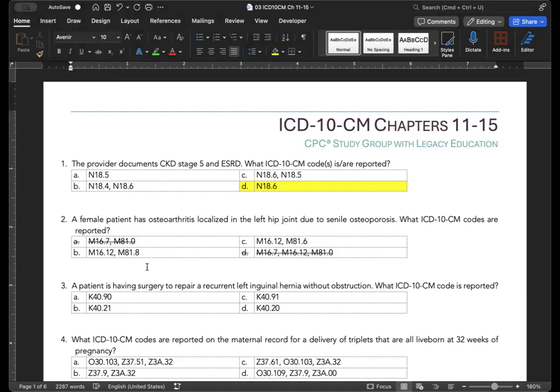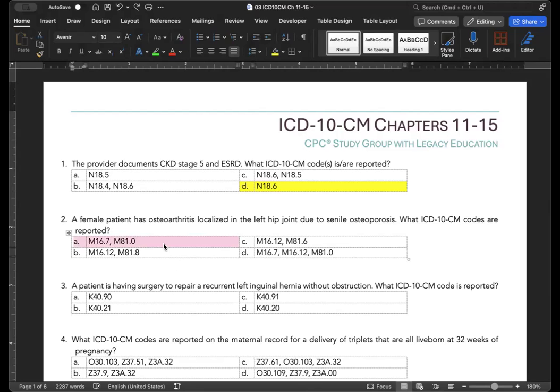M81.8 is other osteoporosis without a current pathological fracture, and M81.6 is localized osteoporosis. So which one should we choose? Oh, hang on.